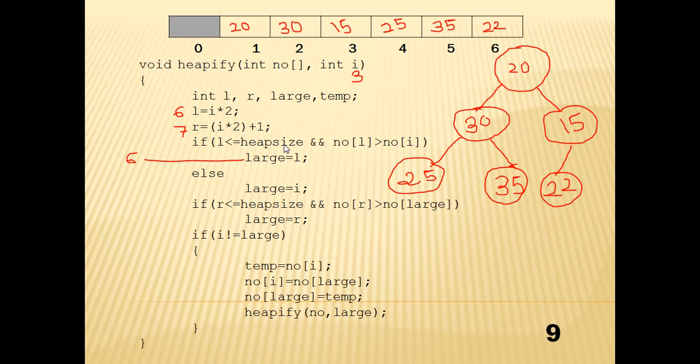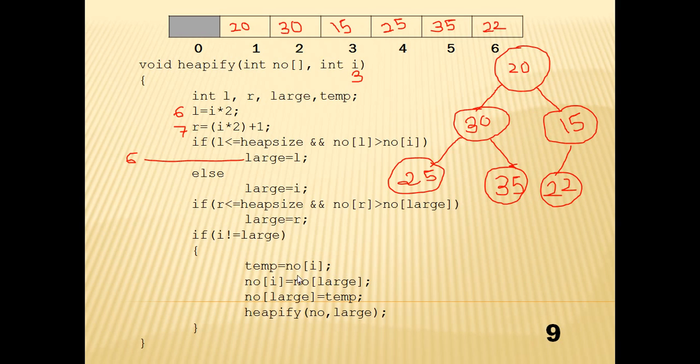If l less than equals to heap size, condition is true, and a[6] greater than a[3]: a[6] is 22 and a[3] is 15. 22 greater than 15, condition is true, and it has no right child, so this condition is false. So large will be 22, that is index 6 here. If i not equal to large, this condition is true, then these two items will be interchanged between i and large.